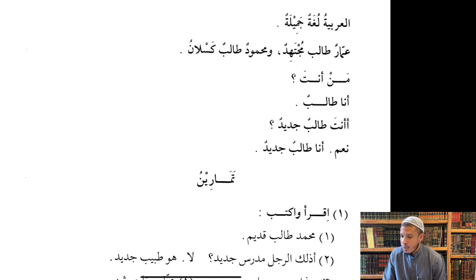Arabic is a beautiful language, not منعوت. Alright, so the نعت comes last, then the منعوت precedes it. عمار طالب مجتهد. Ammar is a diligent or hardworking student, not منعوت. ومحمود طالب كسلان. And Mahmoud is a lazy student, not ومنعوت.